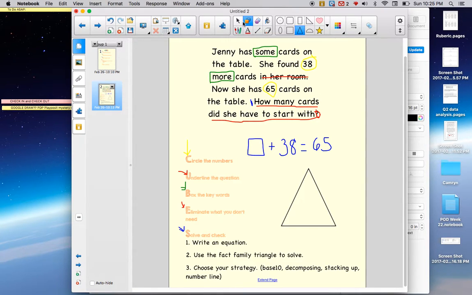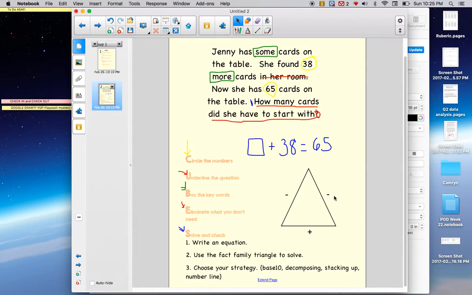So I draw a little triangle. And boys and girls, the triangle always has a plus sign right here down at the bottom. And always has a minus sign on each side.